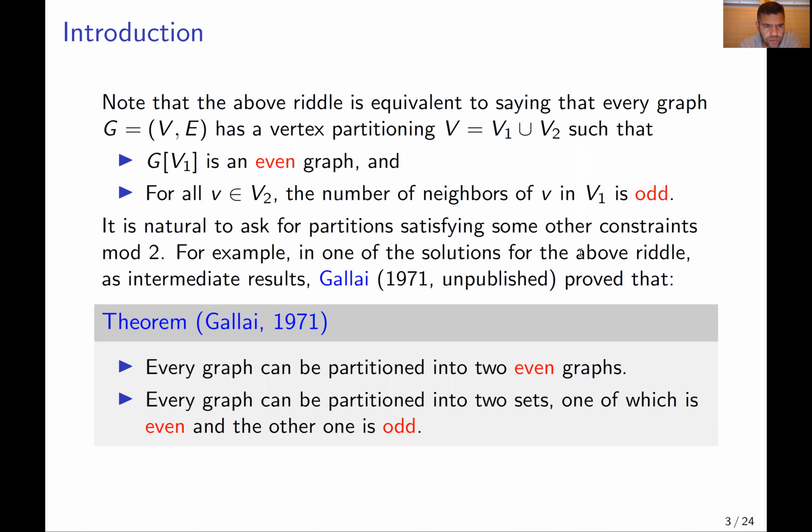And he also proved, an easy corollary from the first bullet, that every graph can be partitioned into two sets, one of which is even and the other one is odd, meaning that all the vertices are of odd degree.